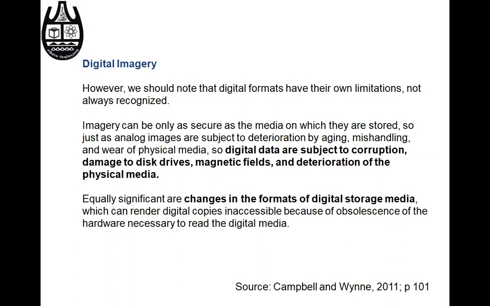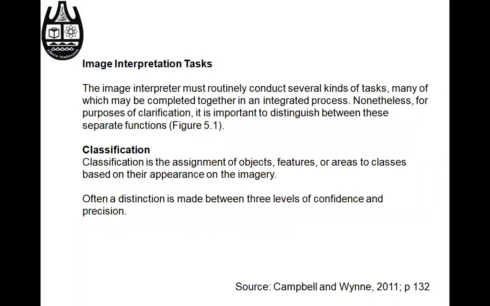Whether it may be digital or analog, what do we do in this image interpretation process? First of all, when you get an image, and you have a series of images, you combine them together and make a mosaic, and then you want to analyze it.